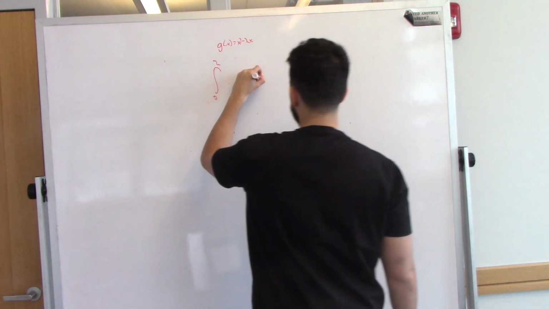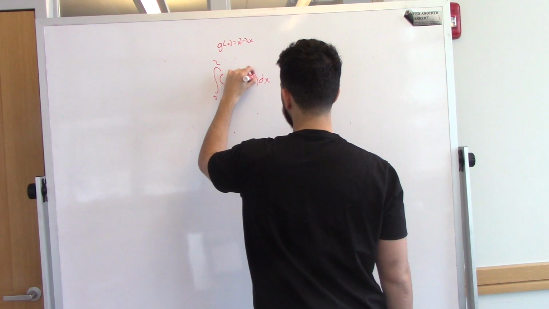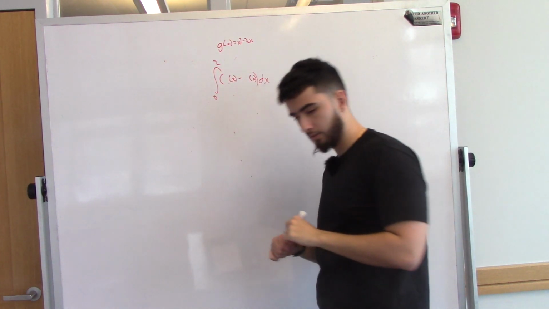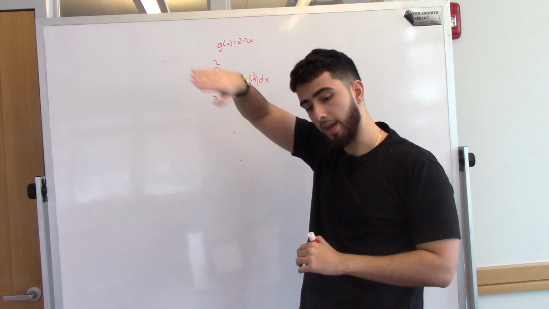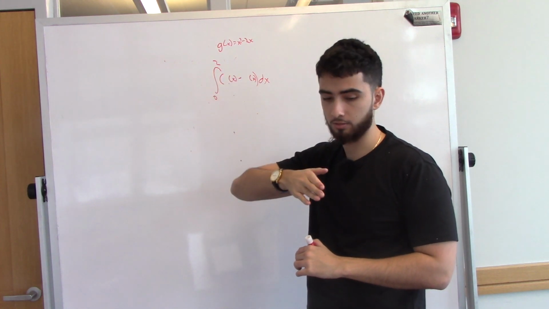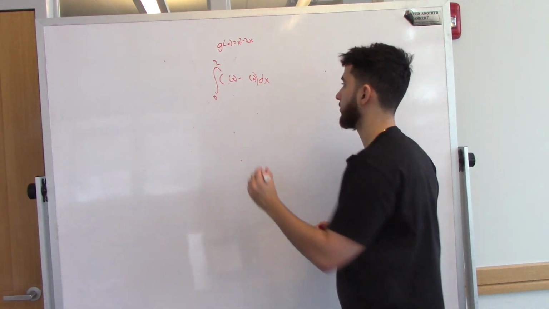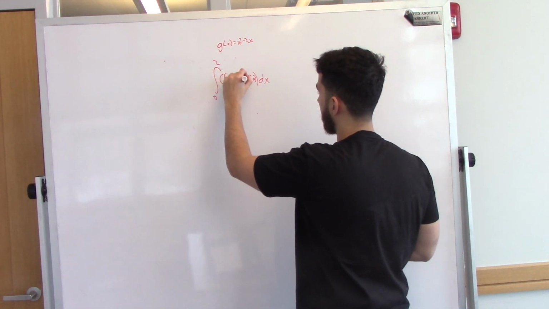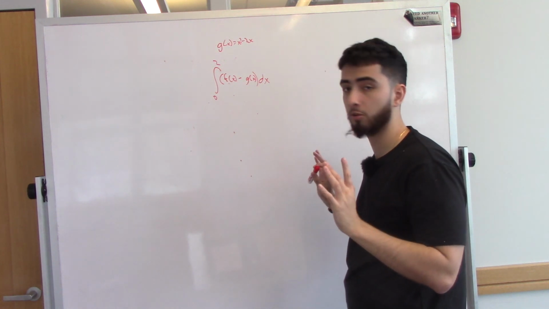And it's gonna be a dx, because we need those in integrals. All right, now, f of x is on top of g of x, so we're gonna have the integral of that minus the integral of g of x. And that's all we need, right? So if you just have the integral from 0 to 2, f of x minus g of x dx, that right there, full marks for part A.